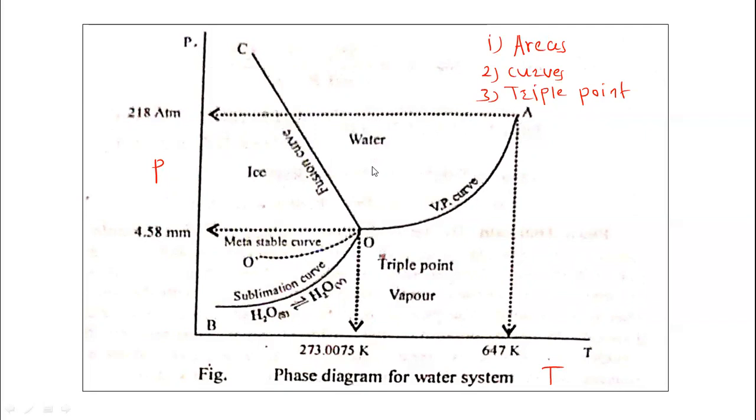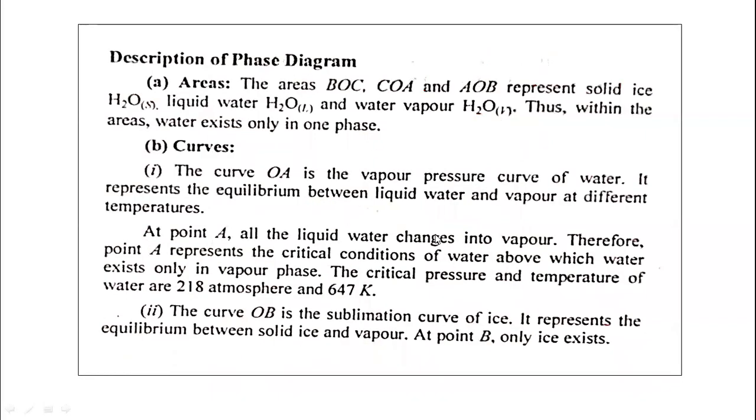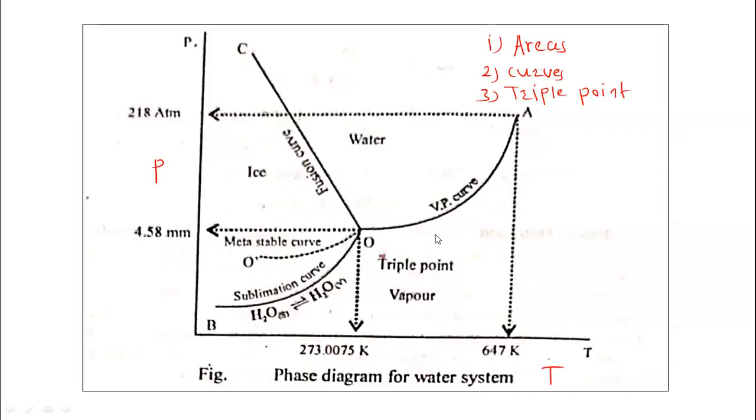You can see the area BOA, which represents only the vapor water. So in areas only one phase is existing. This is the phase diagram of pressure versus temperature for the water system.